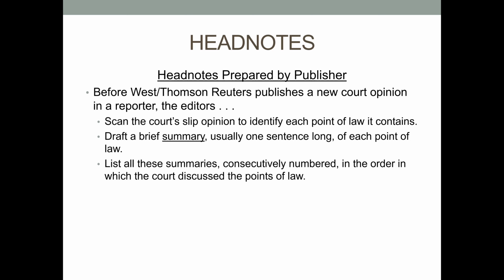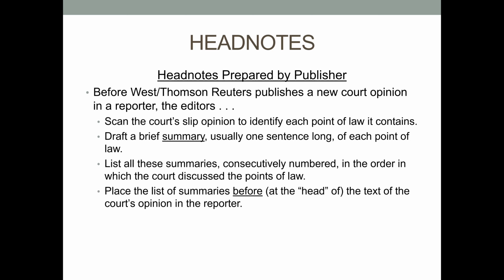Then the editors will take all of those summaries of the different points of law and will list them in the order in which those points of law appeared in the opinion. And they will place this list of summarized points of law at the head or before the official text of the court's opinion begins in the finalized version of the opinion that will appear in the court reporter.